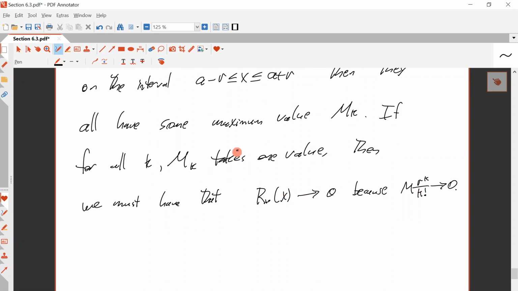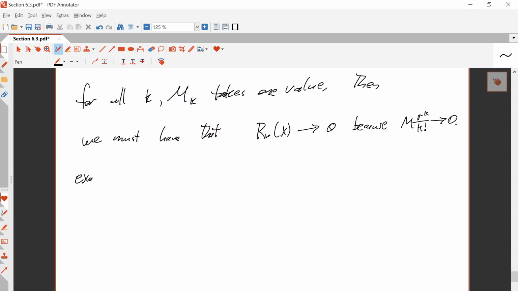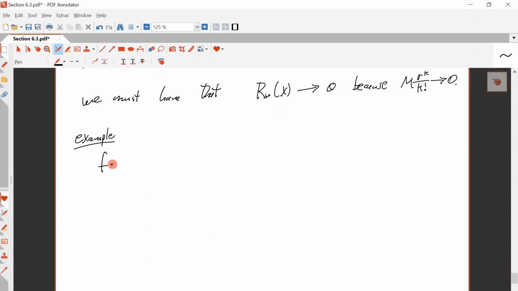So, for example, if f of x is equal to e to the x, then the nth derivative of f of x is equal to e to the x.